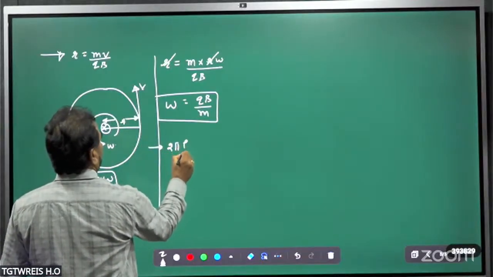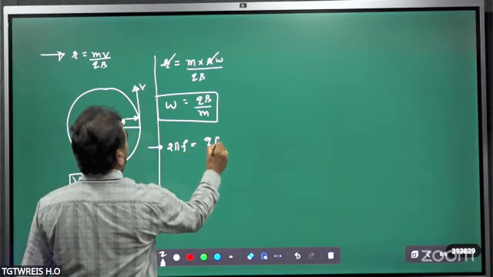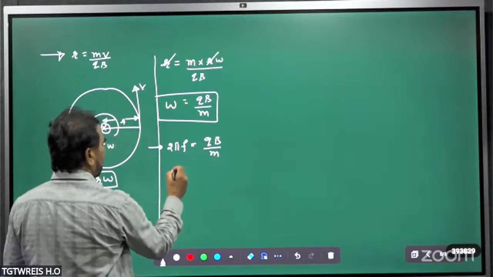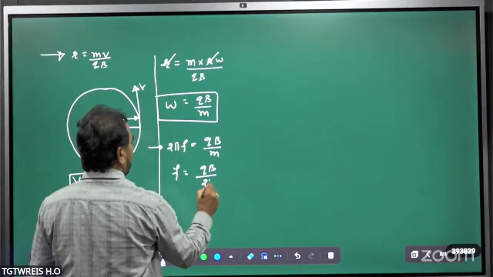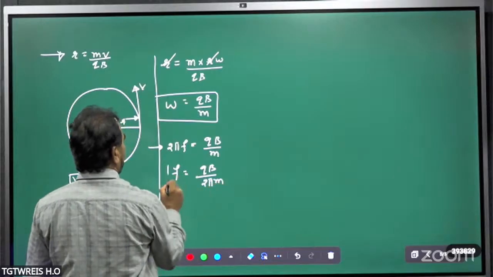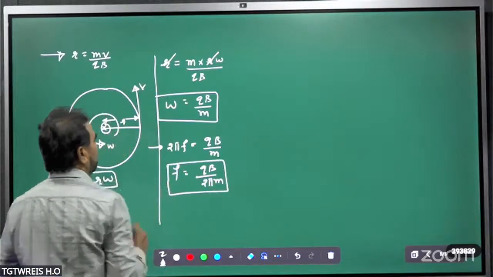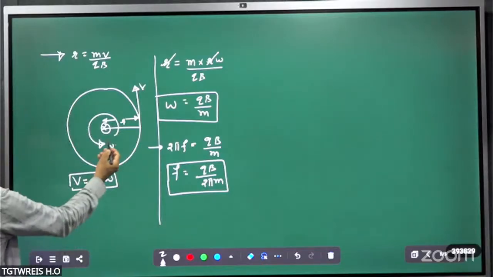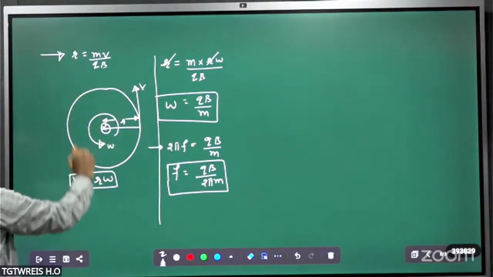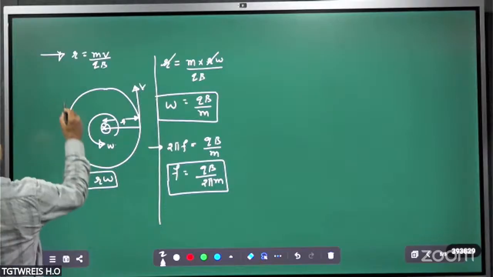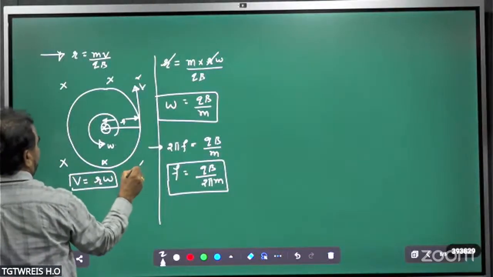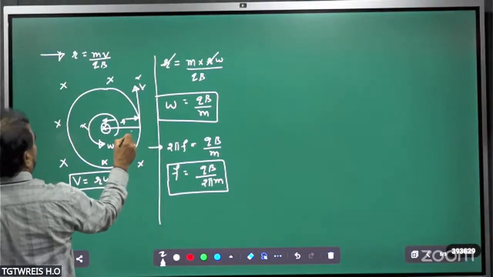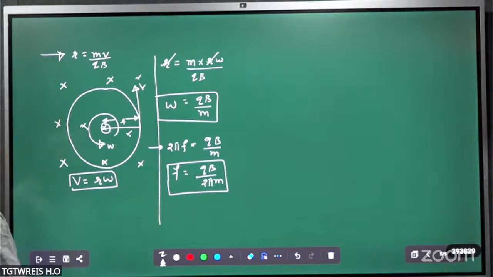So 2 pi f is equal to qB upon m. Therefore, f is equal to qB upon 2 pi m. This is called the frequency of the charged particle. The rotation frequency of the charged particle in the magnetic field is given by f is equal to qB upon 2 pi m.